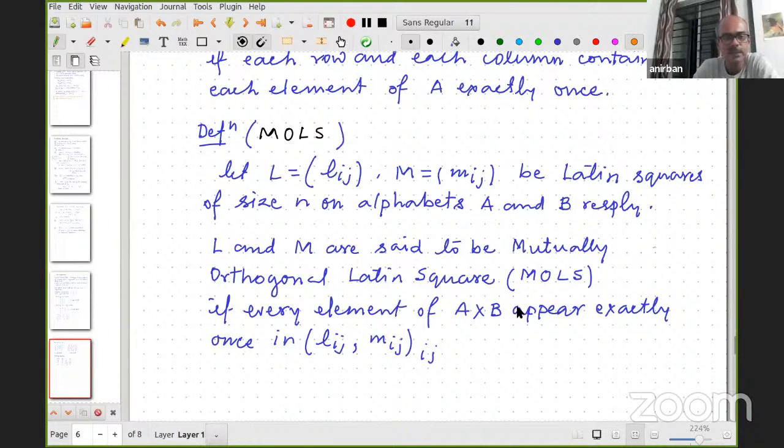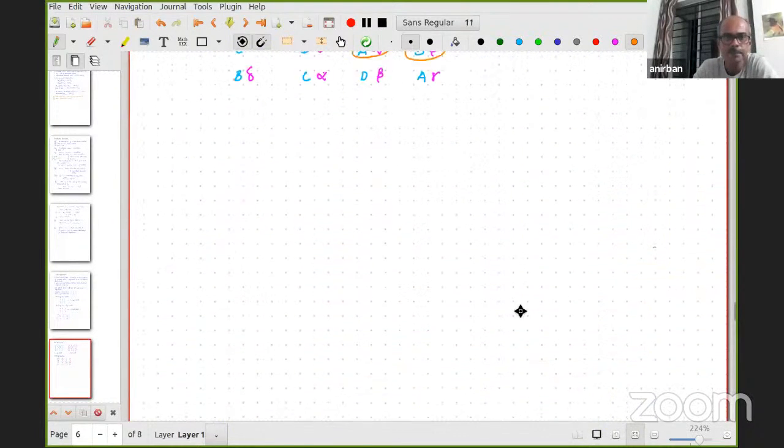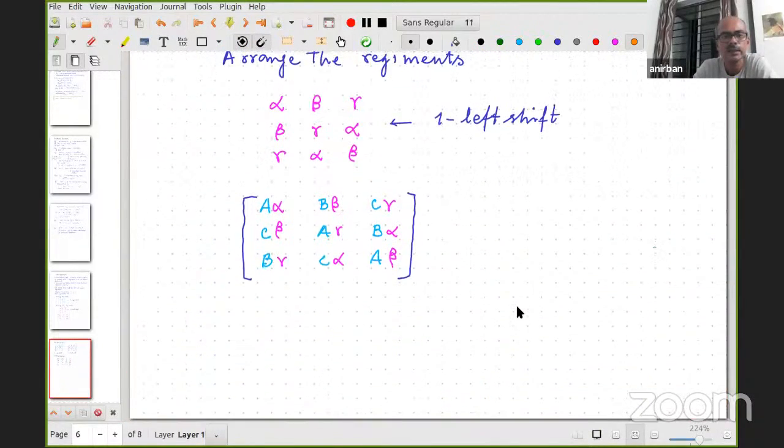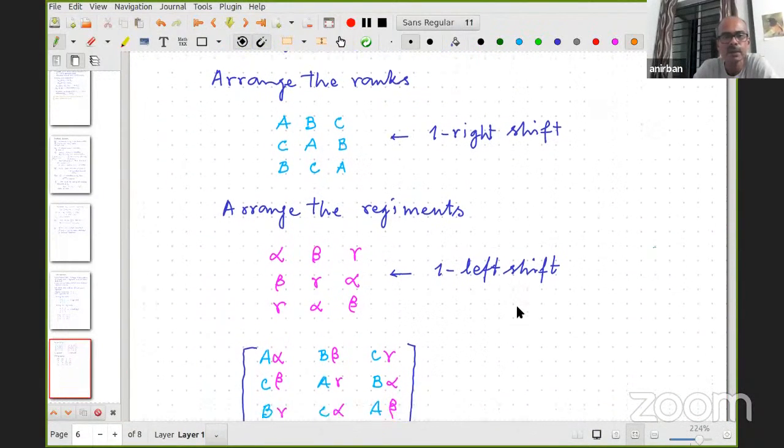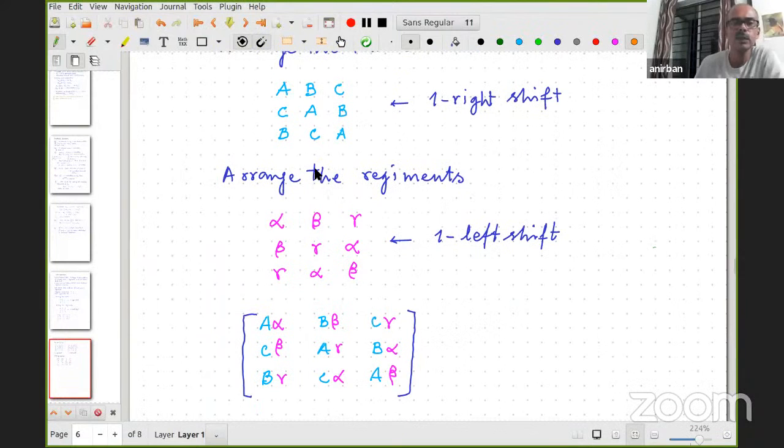I will give examples. In fact, examples are what we have just seen. Let's try this 3 cross 3 and see what happens. These two are Latin squares, obviously: this has alphabet A, B, C, and this has alphabet alpha, beta, gamma, and both have the property that each symbol appears exactly once in each row and each column.